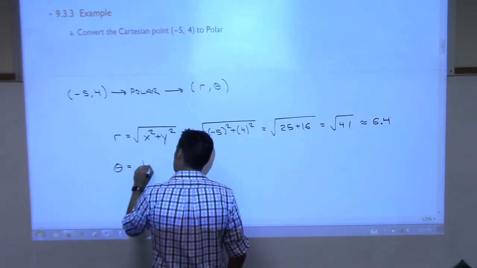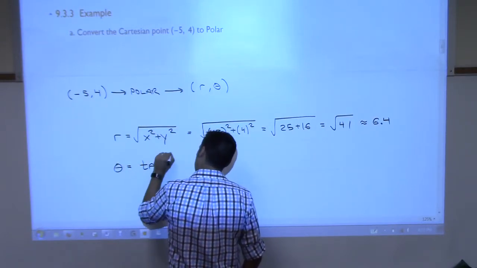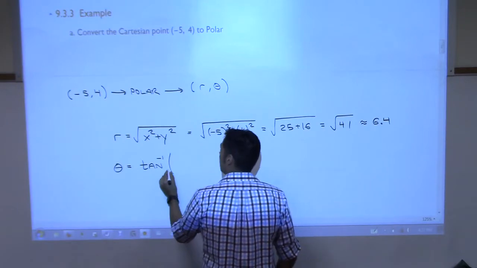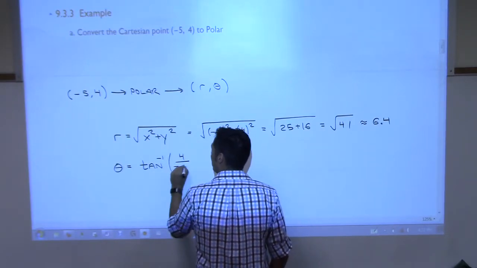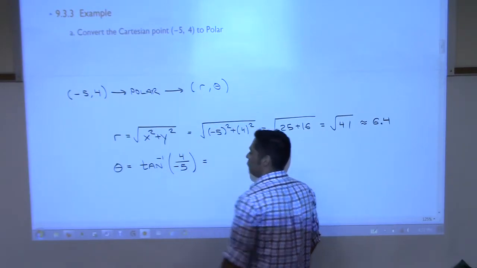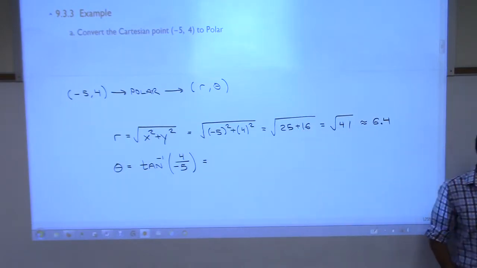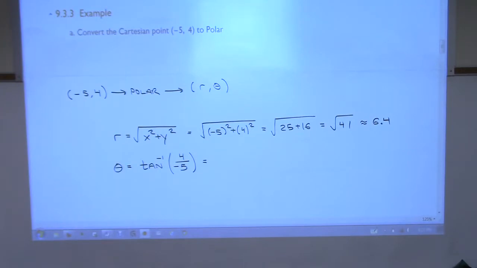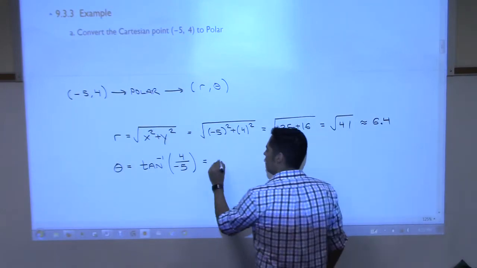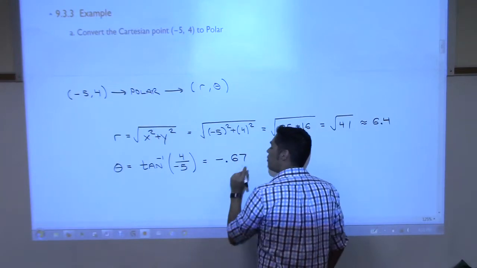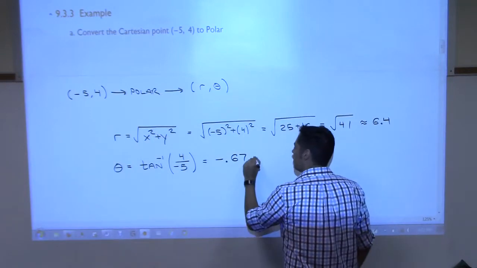All right, let's get theta. Theta would be arctangent of 4 over -5, so you have to use your calculator for this, unless you can do that in your head, in which case you probably shouldn't be in this class. What are you getting? -0.67. Now you're in radian mode, right, on your calculator?